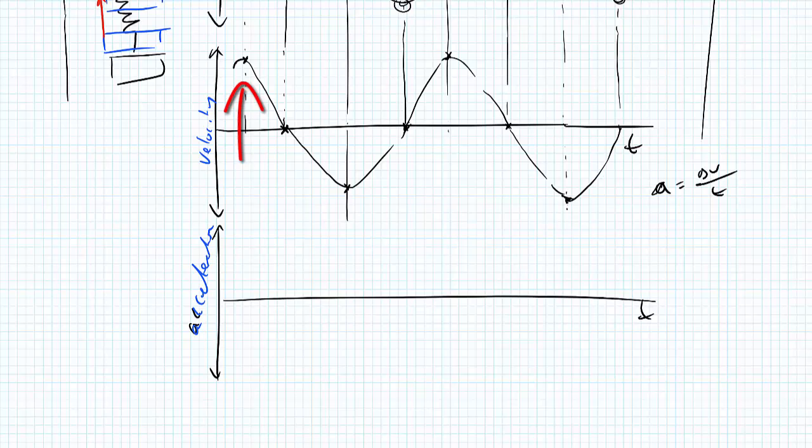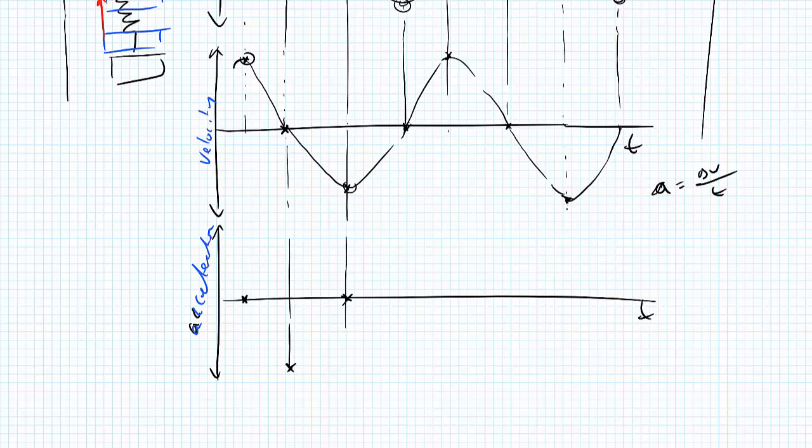So if at this point the gradient is 0, that means you have got 0 acceleration here. Okay? If at this point you have got maximum negative gradient, that means down here we'd have maximum negative acceleration. If at this point, let's just go through it, we've got no gradient, so again this is going to be down here.